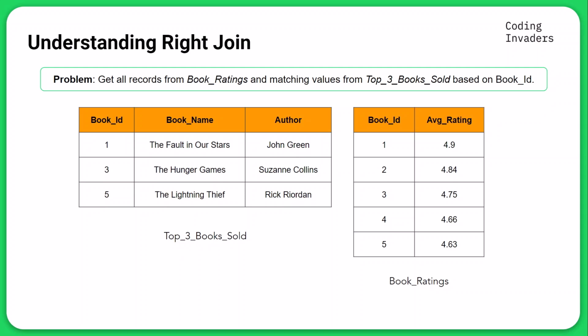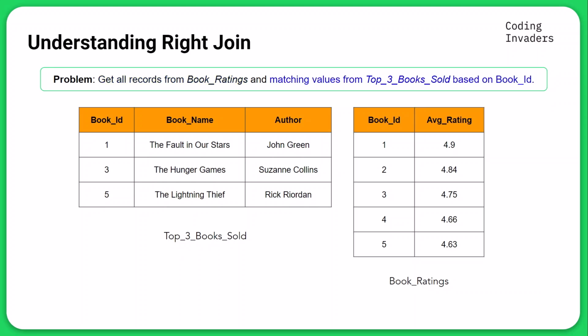Okay. So let's see what is the problem that we want to solve over here. What we want is to get all records from book ratings and matching values from the top 3 books sold based on book ID. Right? So, looks like this problem calls for a right join. The first part of the problem says get all records from book ratings. That means all the observations from our right table should show up in the output.